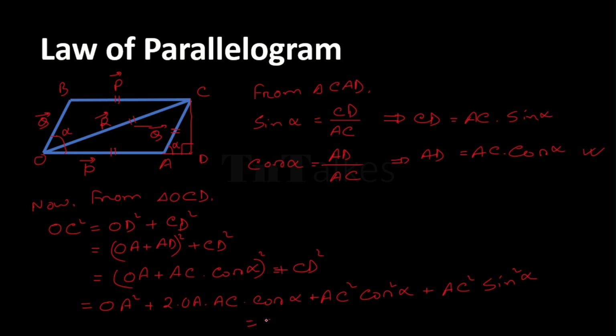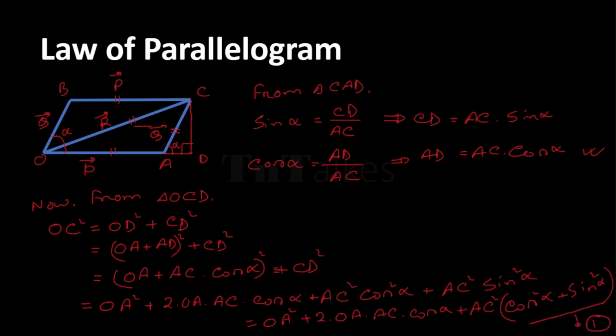We can also write OA square plus 2 into OA AC cos alpha plus AC square cos square alpha plus sin square alpha. As we know, cos square alpha plus sin square alpha equals to 1.